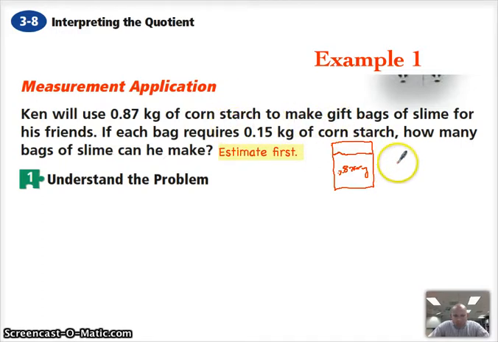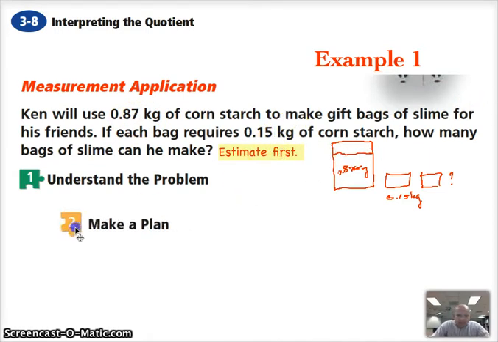What they want us to do with this 87 hundredths of a kilogram is find out how many little bags of 1,500 hundredths kilograms we can make from that. Okay, so I'm just going to draw a question mark and figure out how many of these smaller bags we can make out of this bigger bag. The data that they give us, of course, is the 87 hundredths kilogram and the 1,500 hundredths kilogram.